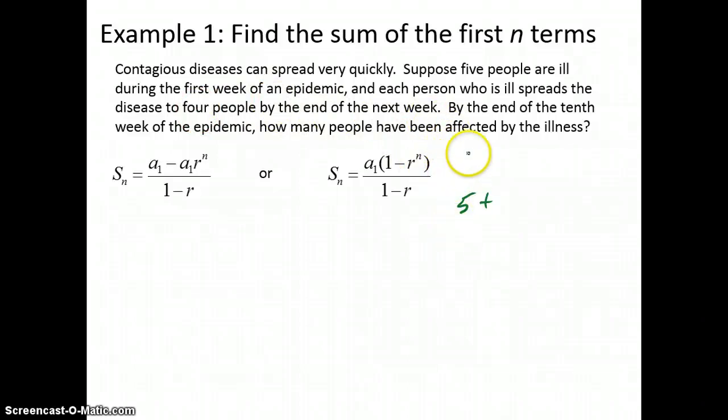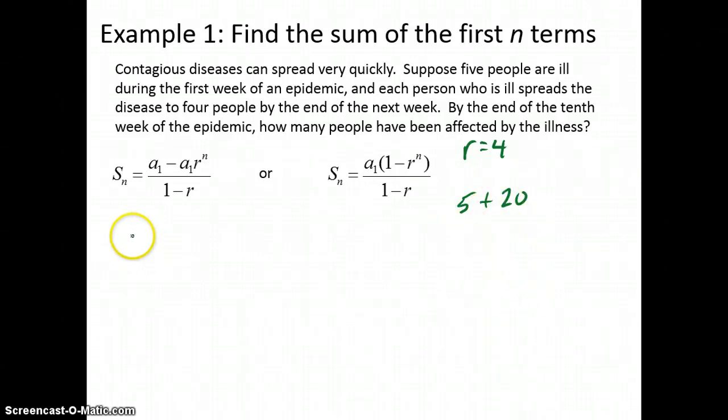That's the same thing as saying that r is equal to 4. Each of these 5 people spreads it to 4 more people, so our next term will be 20. So at the end of week 2, we've had the 5 original plus the 20 new, 25 people sick total.